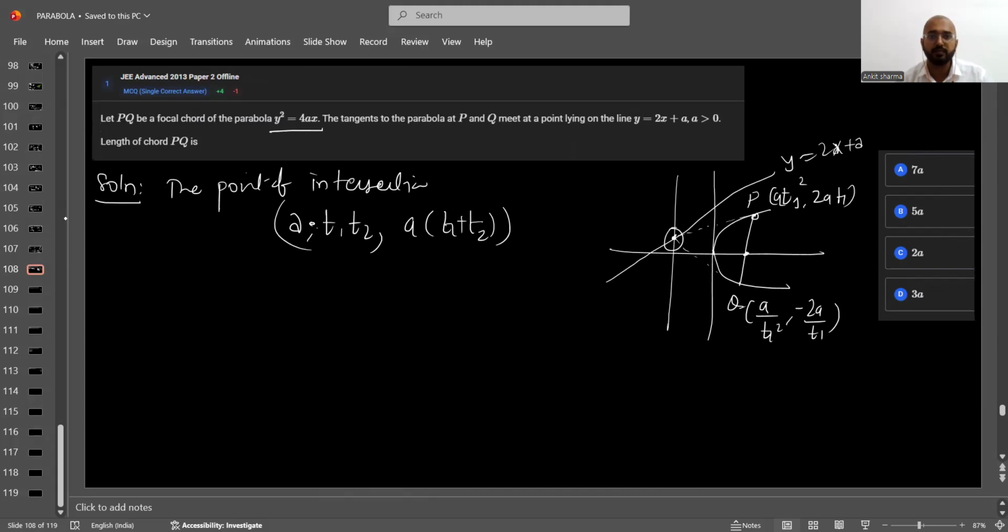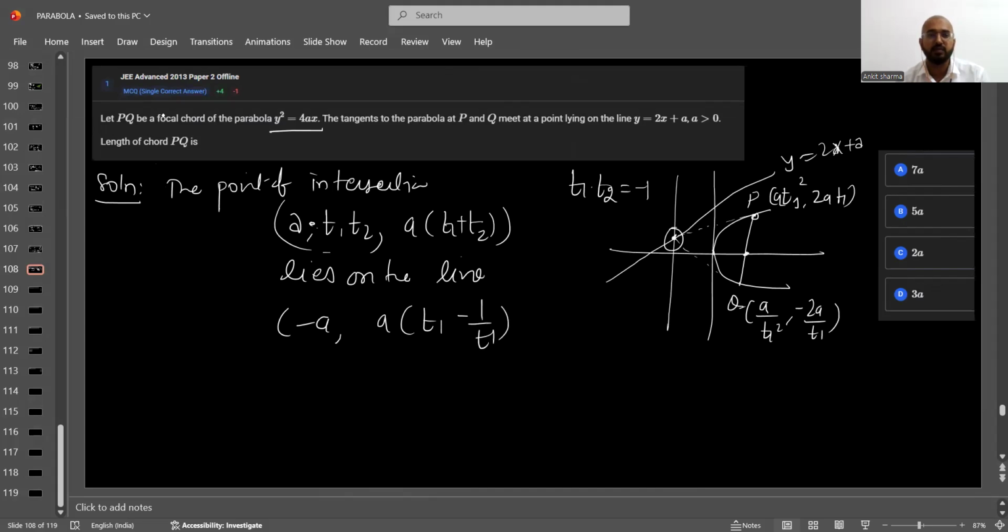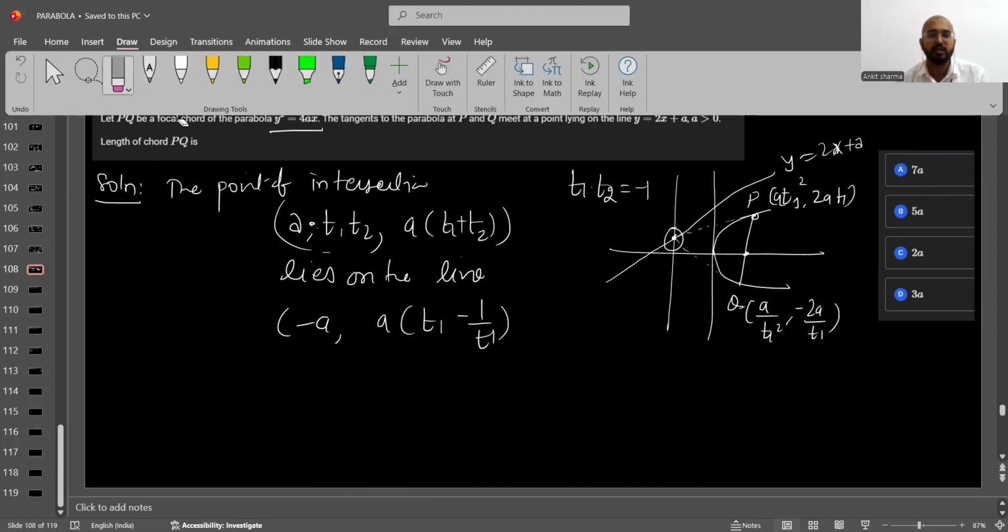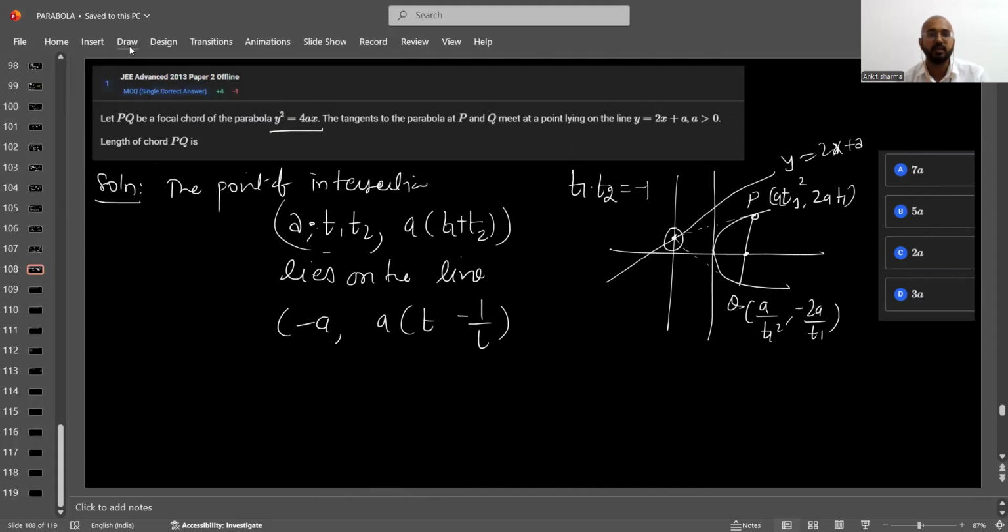Yes, now it is written that this point lies on the line, and also t1 into t2 is -1 because it is the focal chord. So the point of intersection is going to be minus a comma a times t1 plus t2, which is going to be -1 upon t1. So I can write down directly -1 upon t1. So there is no point of writing t1 now. It can be simply written as just t.